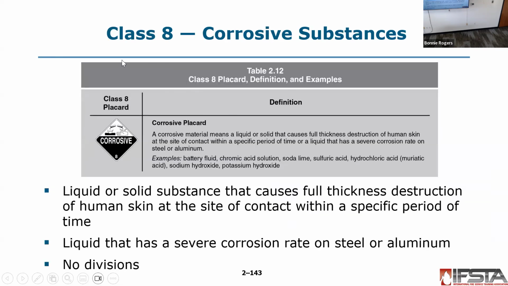Okay. Corrosive. For me, kind of a dumb association, but I always thought you can make it 8 right here. Class 8 is corrosive. So these are bad. If you get them on your skin, it will eat right through it, and can also damage metals.